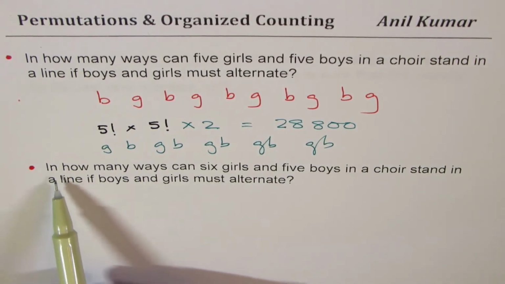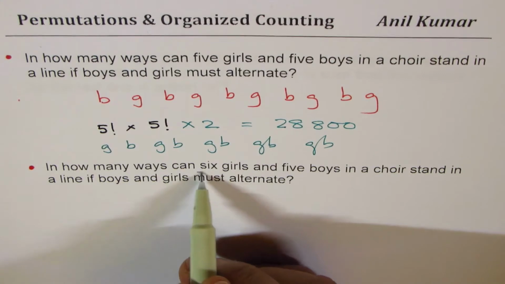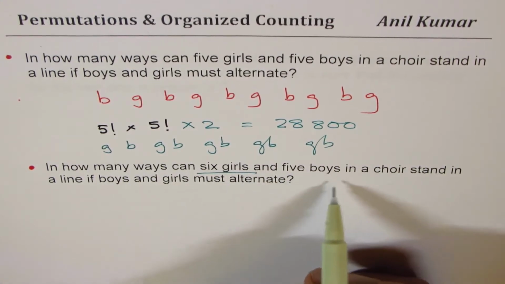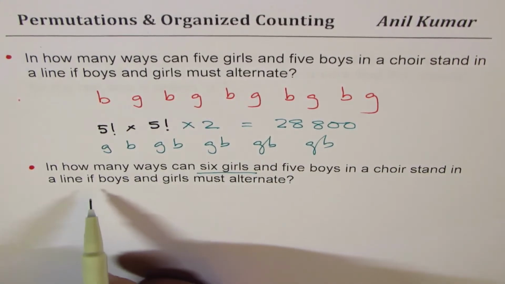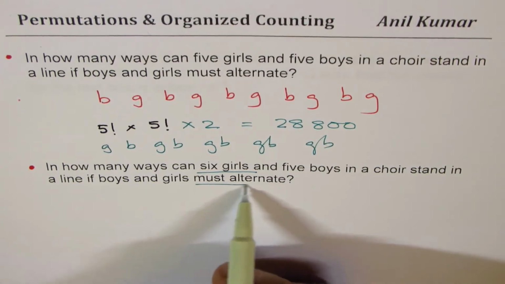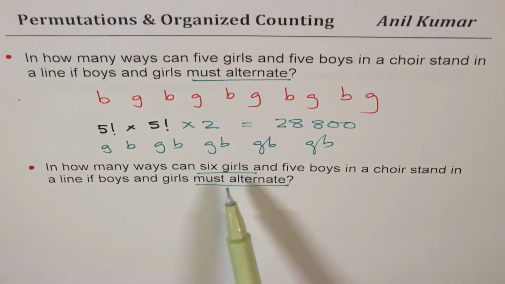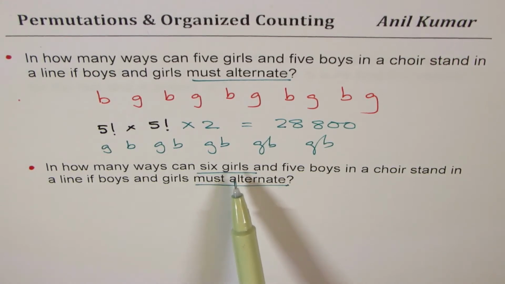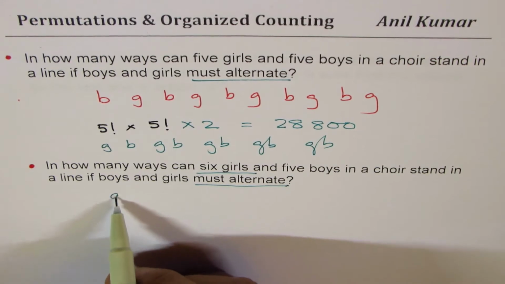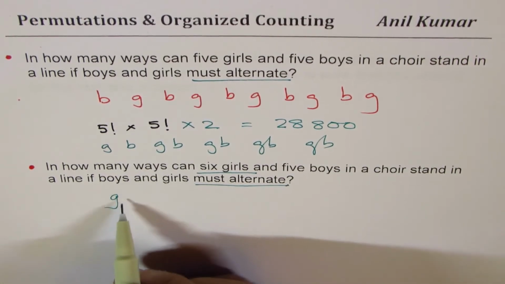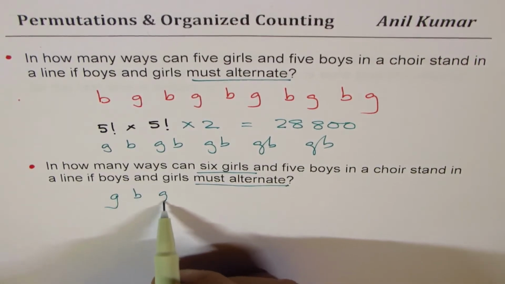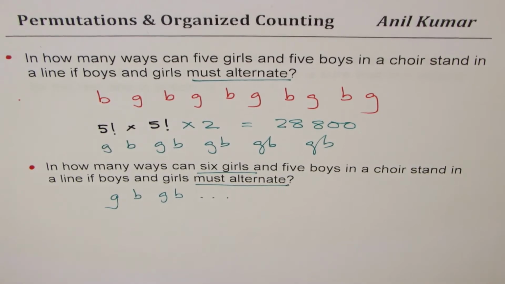Now the second part is kind of similar to this with some difference. It says, in how many ways can 6 girls and 5 boys in a choir stand in a line if boys and girls must alternate? So conditions are similar, but in the second case we have 6 girls. Since we have 6 girls, there is only one way: girls have to begin the queue, right? So it is girl, boy, and so on, correct?